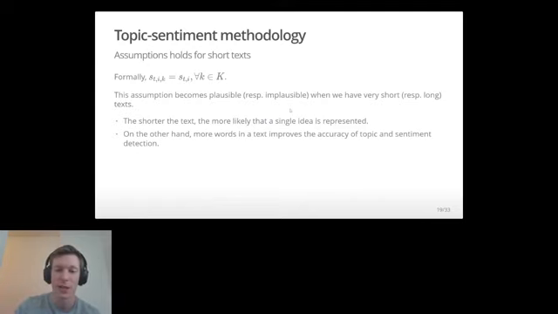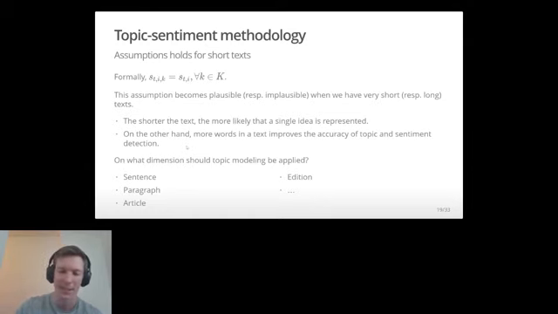But there's a trade-off there, because with less text, the accuracy of topic modeling and sentiment detection is lower. So basically you have a trade-off in what dimension you should apply topic modeling and sentiment analysis. Here I chose the paragraph because I think that's the best dimension at which a single idea is communicated.